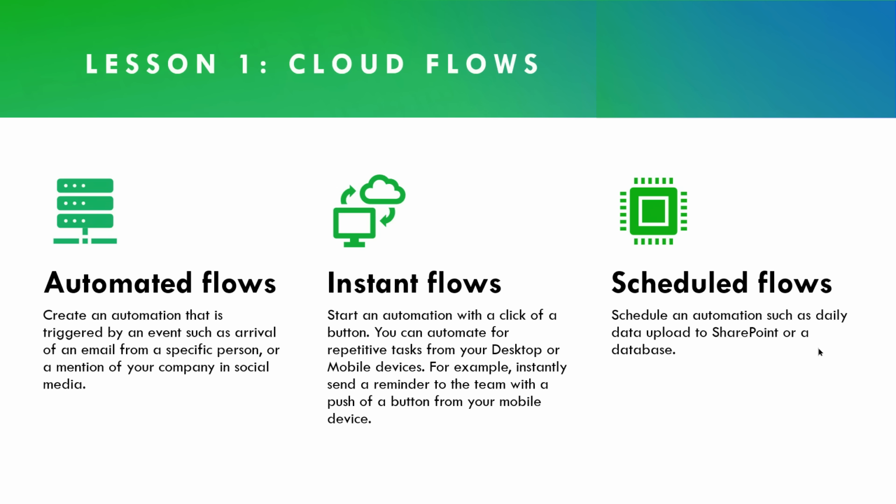So there are automated flows, and that means you create an automation that's triggered by an event. An event can be the arrival of an email from a specific person, or a mention of your company in social media, or a new file being placed in OneDrive or a SharePoint library. Those are events that can start the flow.